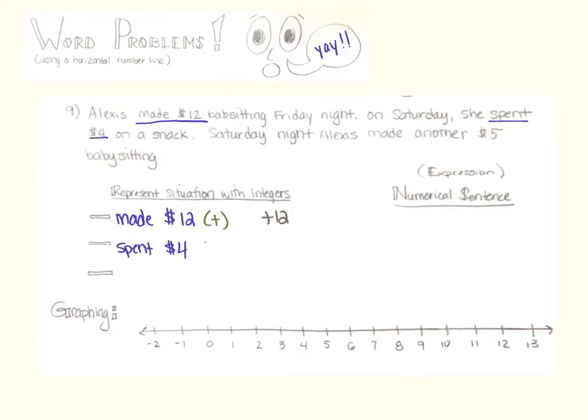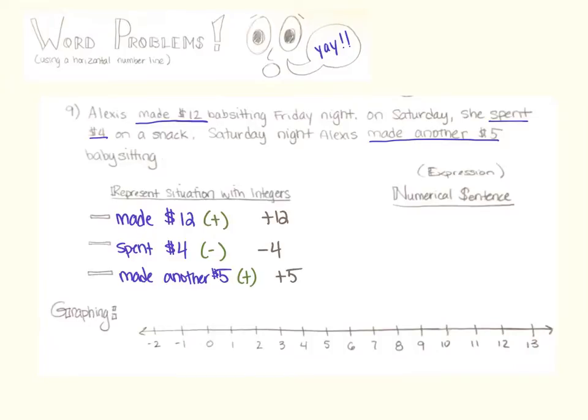So when you spend it, it's a negative. So let's go ahead and write that number as an integer. Finally, we've got made another $5. That's going to be a positive.